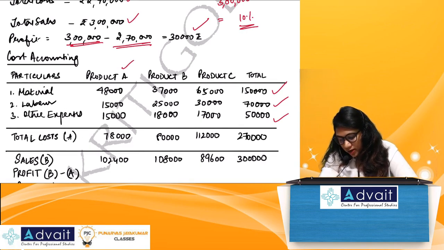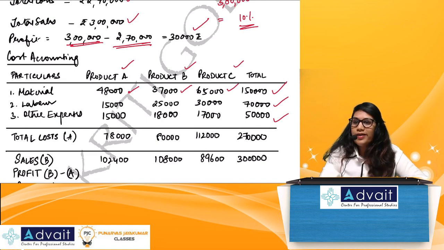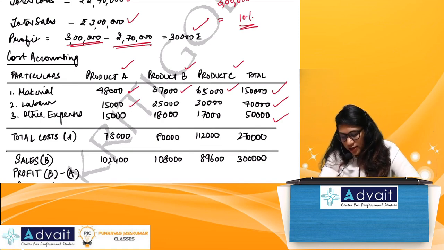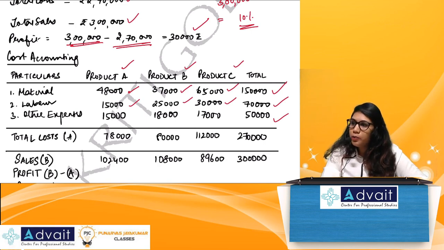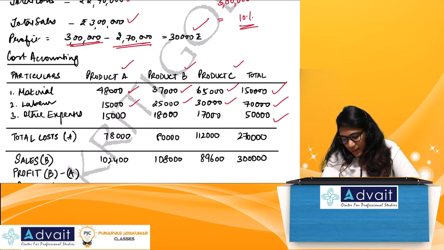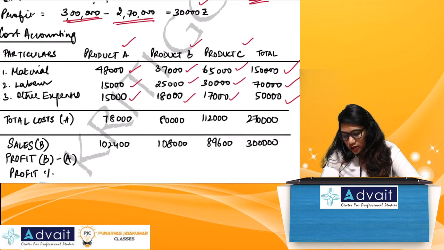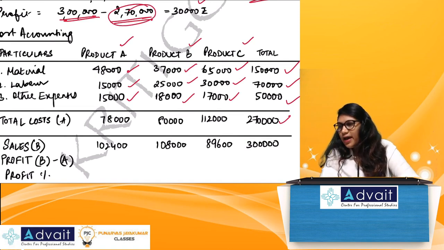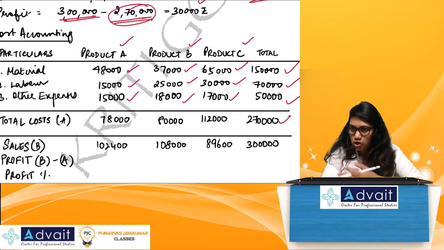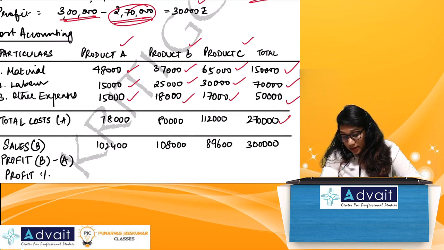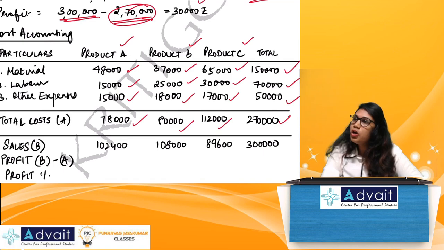So you say you have product A, you have product B, you have product C. So material component is 48,000, 37,000, 65,000, totaling up to 1,50,000. Labor will be 15,000, 25,000, 30,000, totaling up to 70,000. And other expenses will be 15,000, 18,000, 17,000, totaling up to 50,000. So my total costs will still be 2,70,000 as was in the case of financial accounting. That is not changing. But the individual components for each product will total 2,70,000 as 78,000, 80,000, 1,12,000.